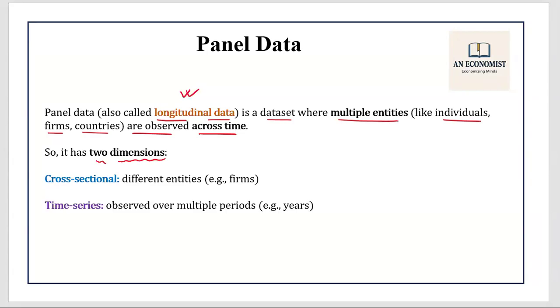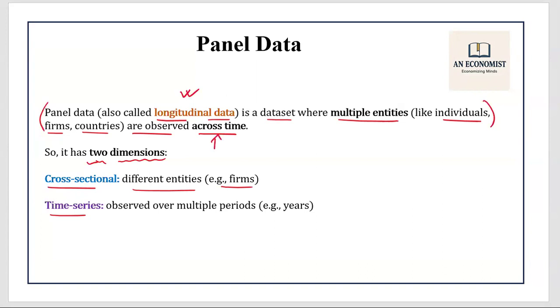So usually it has two dimensions. What are the two dimensions? As in the definition we have seen, there would be cross-sectional units. Cross-sectional means different entities will be present. It could be firms, different countries, different individuals, and so on. Also, it will have a time series aspect to it. The entities will be observed across time.